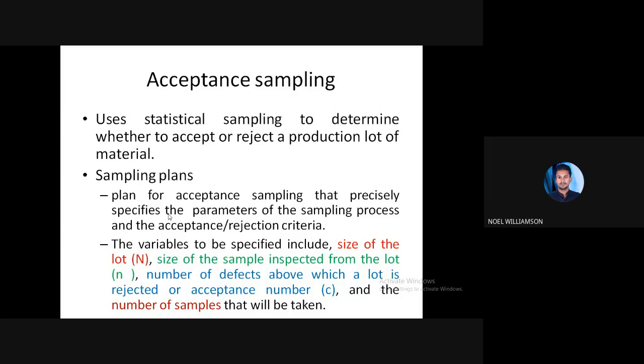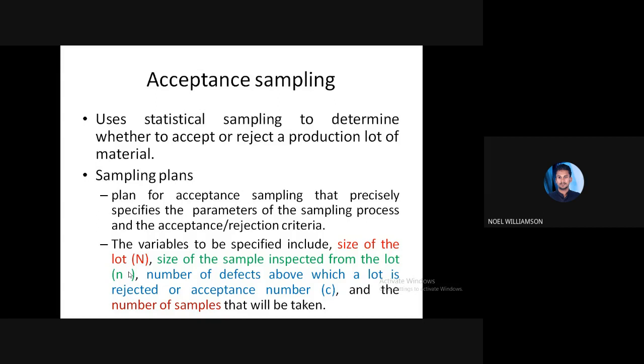So the variables mainly used in the sampling plan are, first of all, the size of the lot. Based on the size of the lot, we arrive at the sample size, or we will see how much is to be taken.